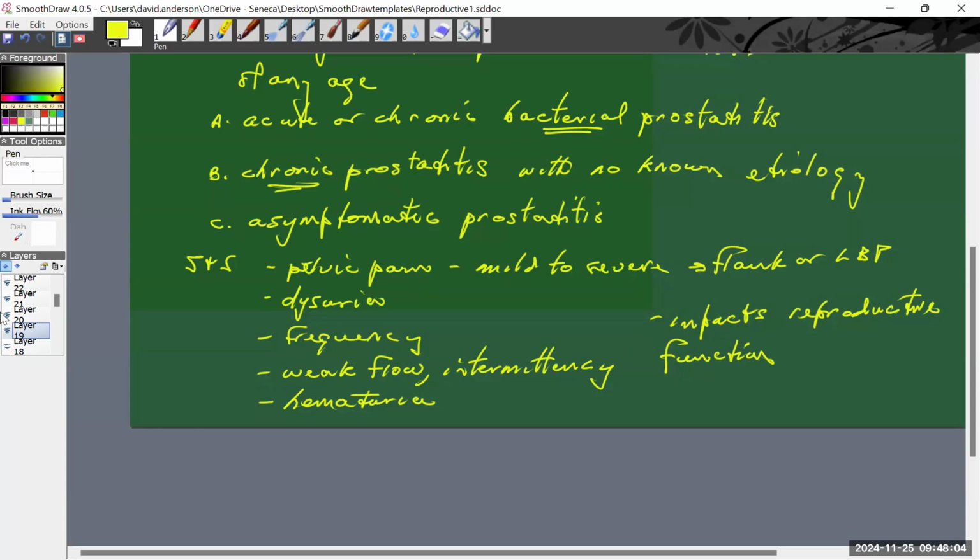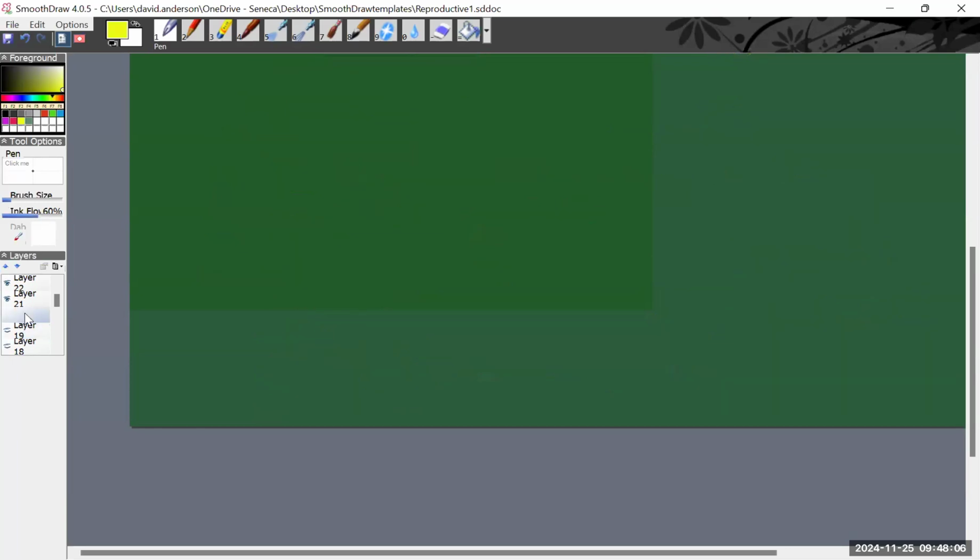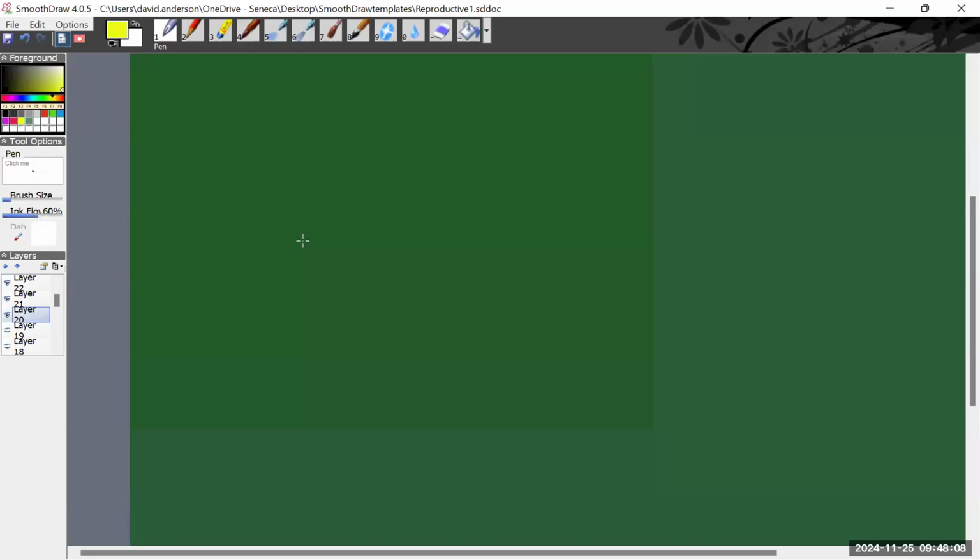So what are we going to do to treat these guys compared to what we would do with someone with benign prostatic hyperplasia? For the acute forms, so for our type A group that we talked about, prostatitis, we got a couple options here.